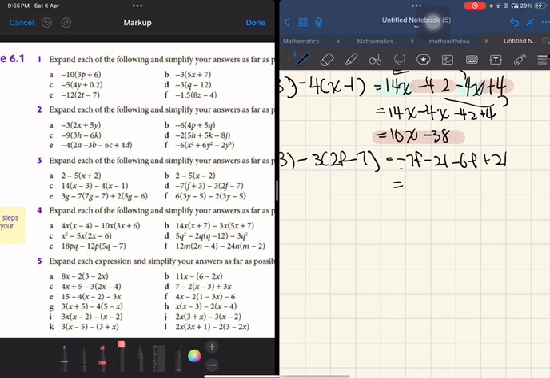Okay, so these two are the same. You're just going to get negative 7f minus 6f minus 21 plus 21. And then you're going to get negative 13f, because negative 21 plus 21 is 0, so there's nothing to write there. This is the final answer.